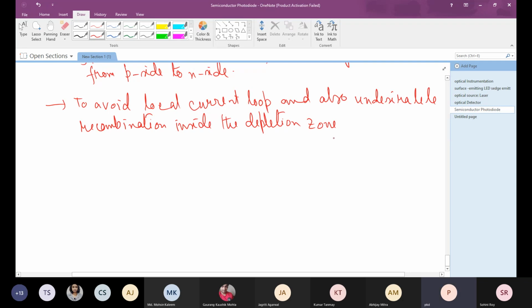So to avoid that, the absorption zone and the multiplication zones are separated.